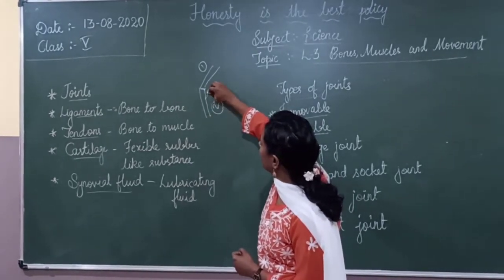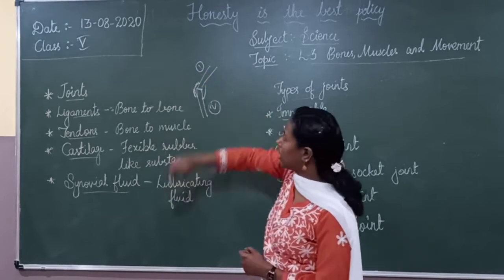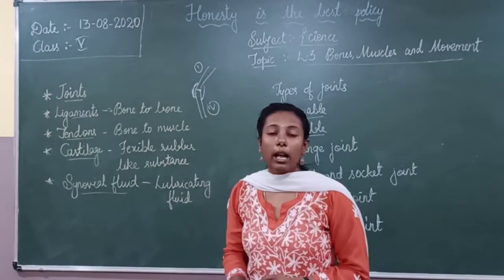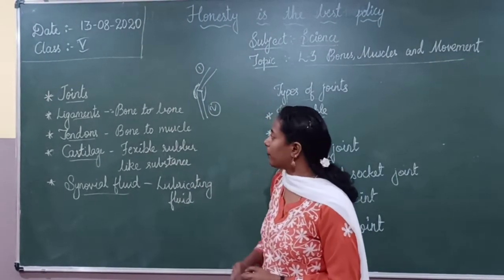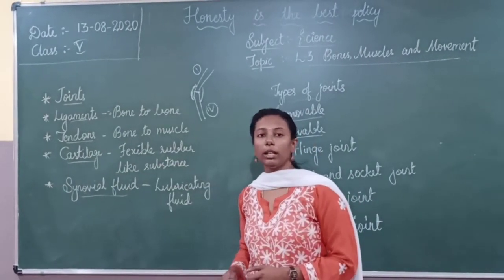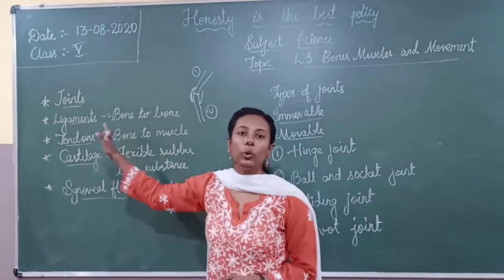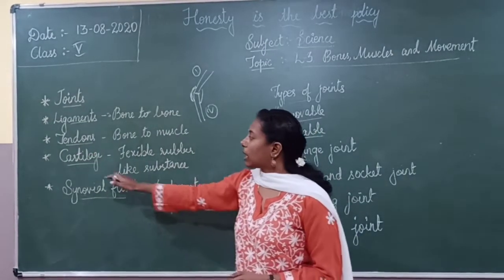So bone to bone, there will be fibers present here and they are called ligaments. Now tendons. Tendons are again tough fibers that attach a muscle to a bone.